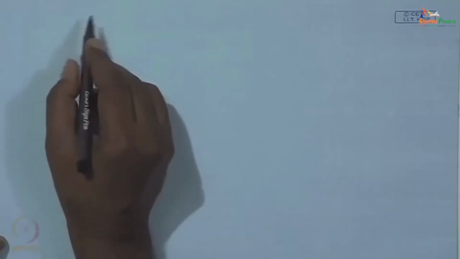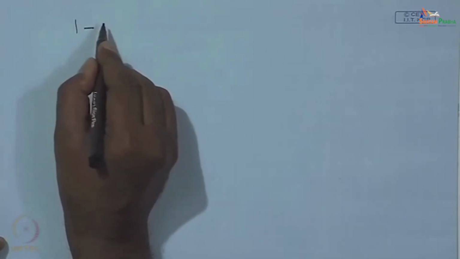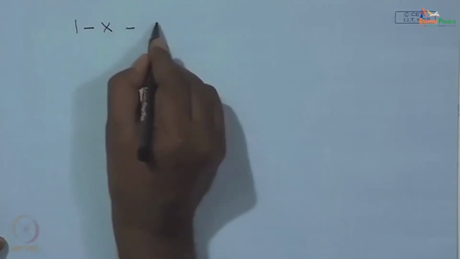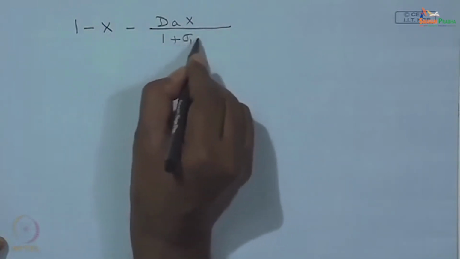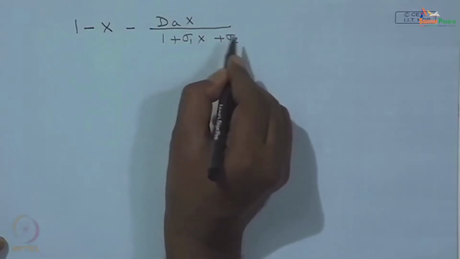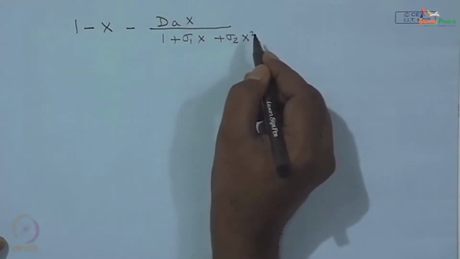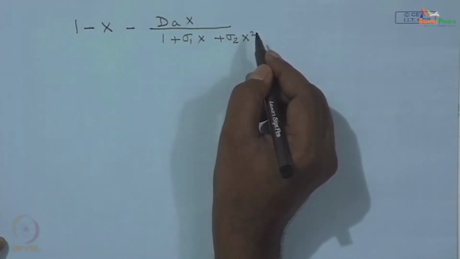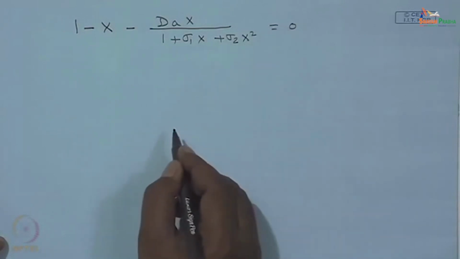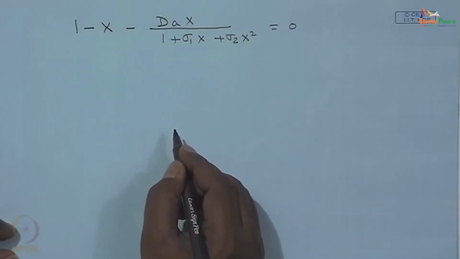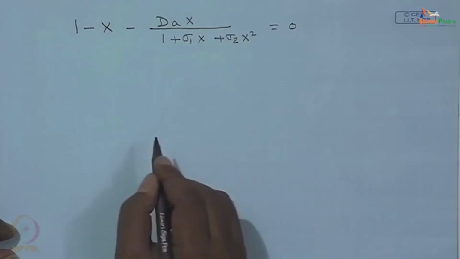Okay. So, again we non-dimensionalize the governing equation, and after non-dimensionalization we will be getting 1 minus x minus Da times x divided by 1 plus sigma 1 x plus sigma 2 x square is equal to 0. Okay. The rate expression is slightly different.